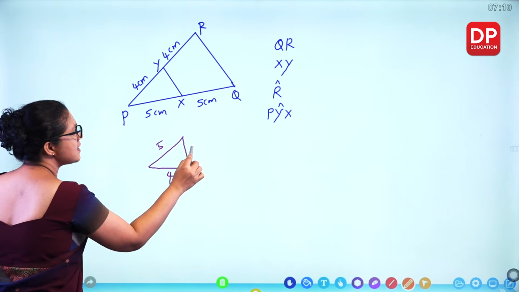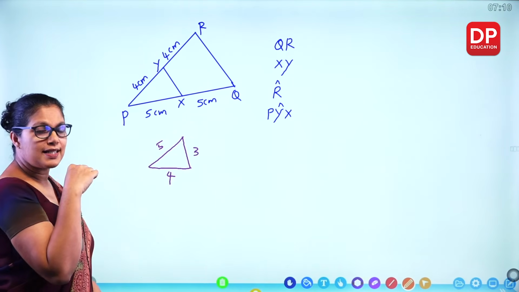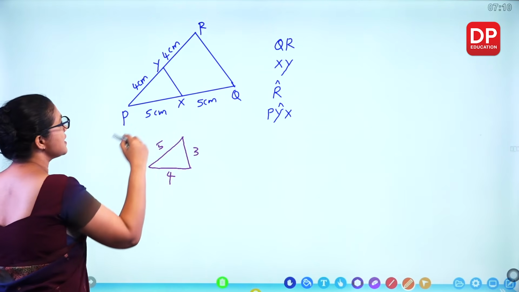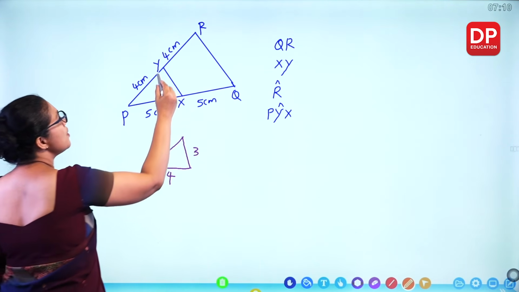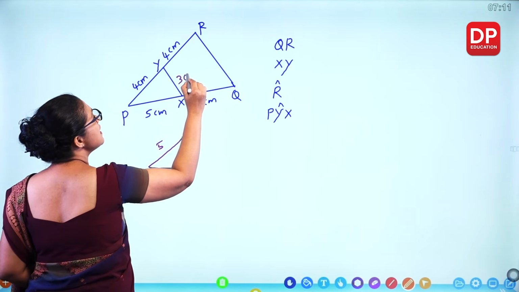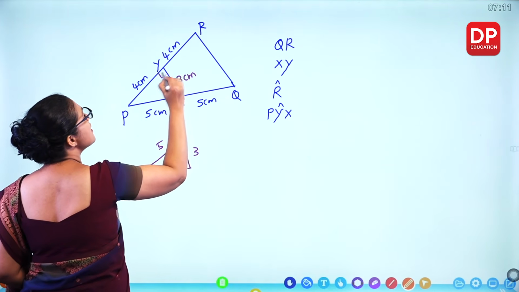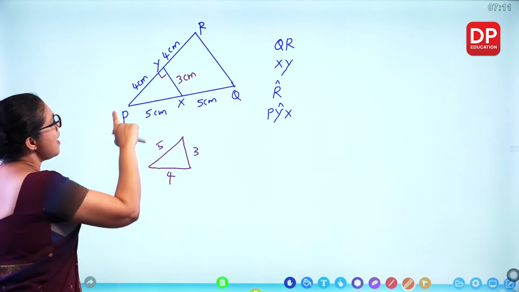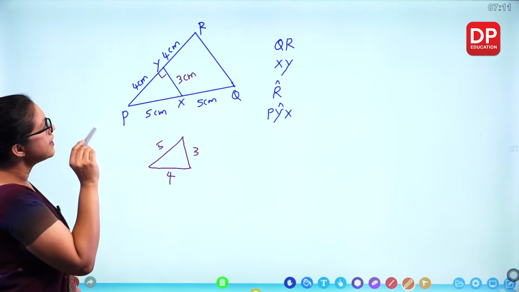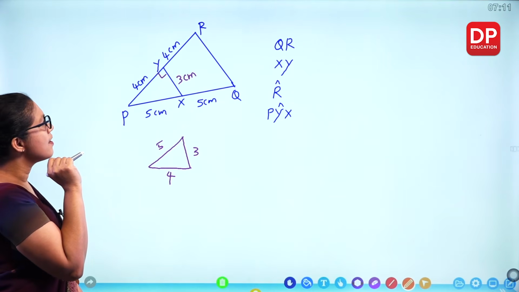What do you think about this side? You will get this one is 3 centimeters, with this one being a 90-degree angle.